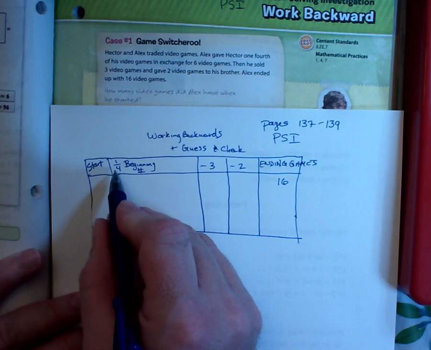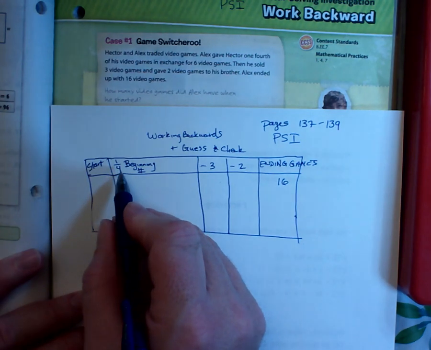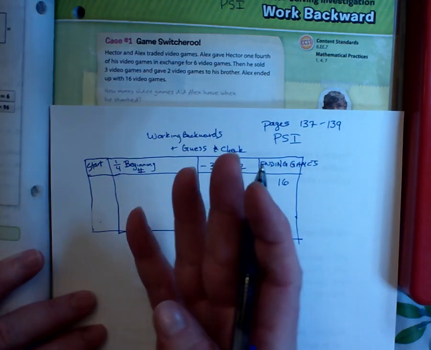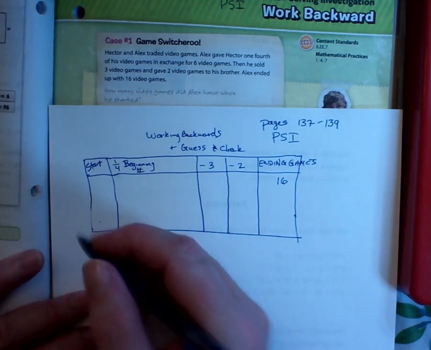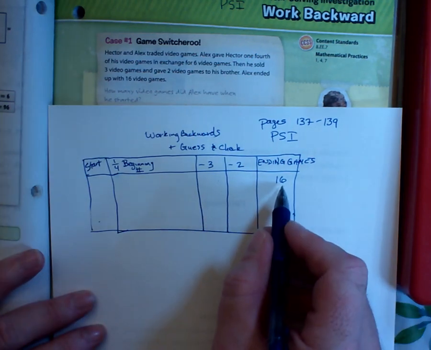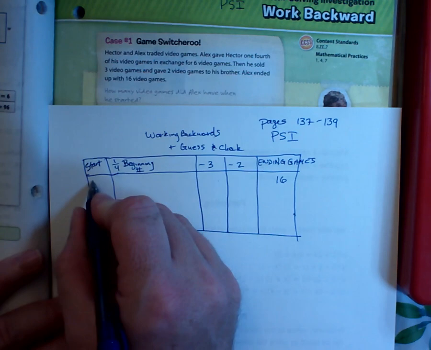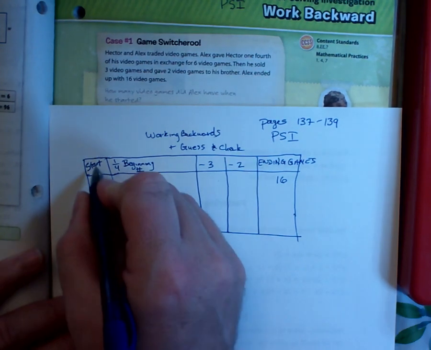Okay, so if we're going to be multiplying by a 4th, we should think of numbers that are multiples that can be easily reduced. So we're thinking of 4, 8, 12, 16, 20. Now this is a pretty big number over here. We're going to be subtracting some out. So let's start with 32 games.